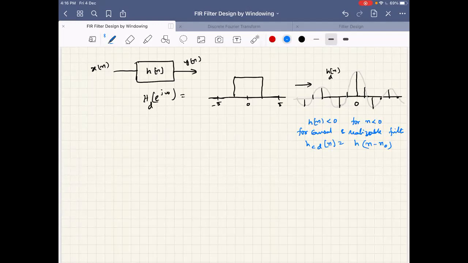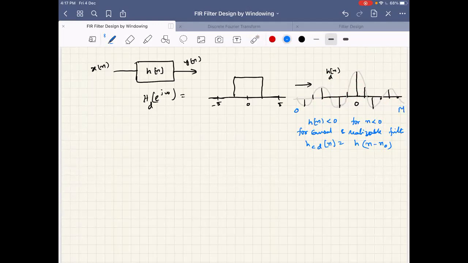This will enable us to have most of the significant samples of the impulse response in the positive region, and hence this effectively changes the origin, starting from here to M.